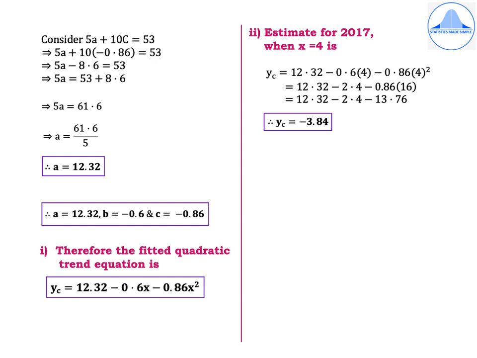So in the fitted quadratic trend equation, substituting for x as 4 and simplifying, we get yc equal to 12.32 minus 0.6 into 4 minus 0.86 into 4 square, which is equal to 12.32 minus 2.4 minus 0.86 into 16, which is equal to 12.32 minus 2.4 minus 13.76. Therefore, yc is equal to minus 3.84.